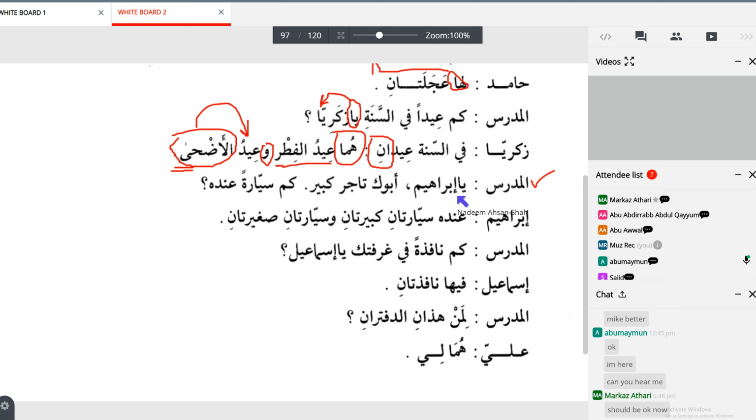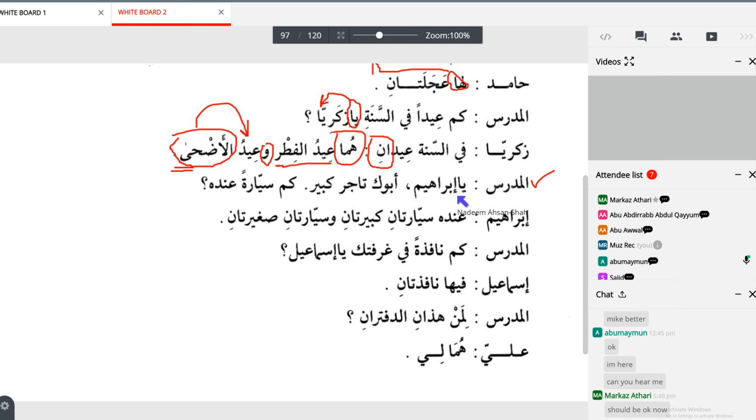Yeah, liman هذان الدفتران. Good. Excellent, barakallahu fik. From the noon, you go directly onto the dal. You sit on the dal for a second because you're doubling it up with the shadda, and then you say ad-daftarani.